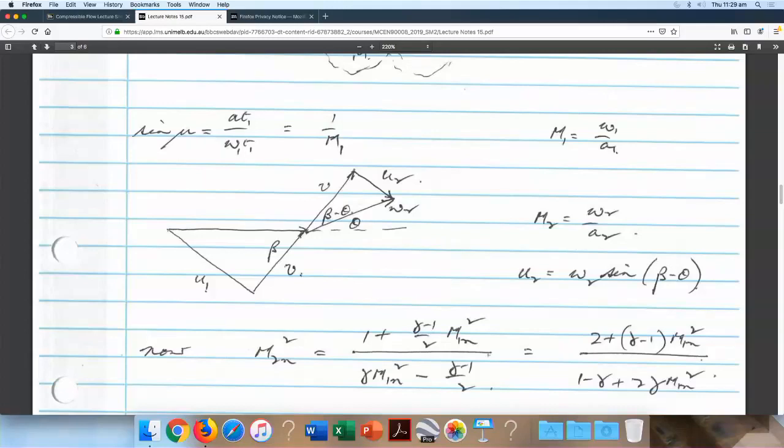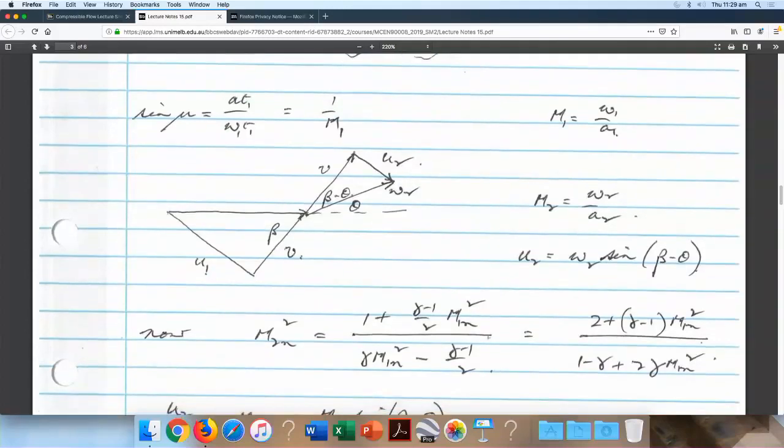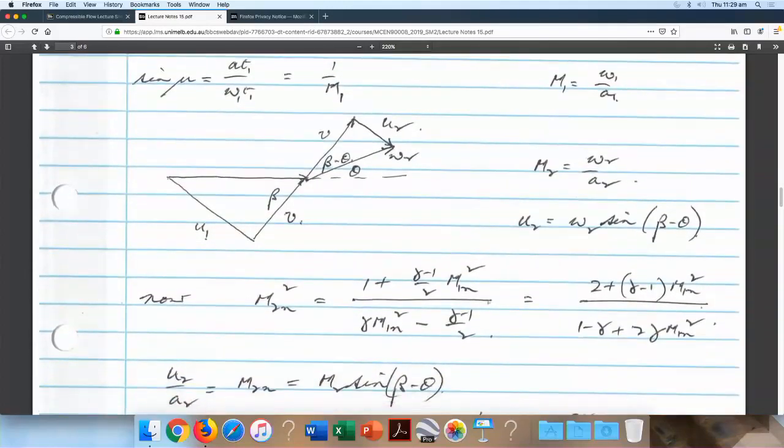So this is an expression, and so now I can write an expression for M2n squared. M2n is, by definition, U2 over A2. But U2 over A2, which is M2n, will be M2 W2 over A2 sine of beta minus theta.